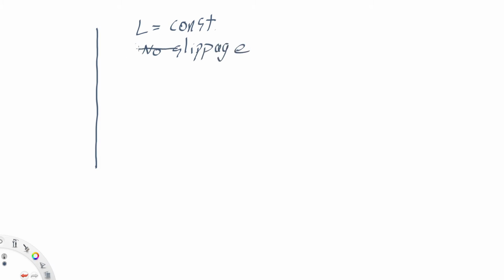The second one is beyond the scope of this class, but there is a relatively simple way to deal with the changing length of the rope. Now, why does the rope change length?